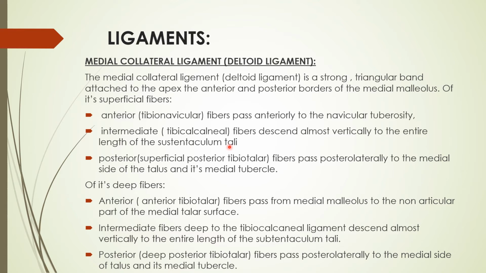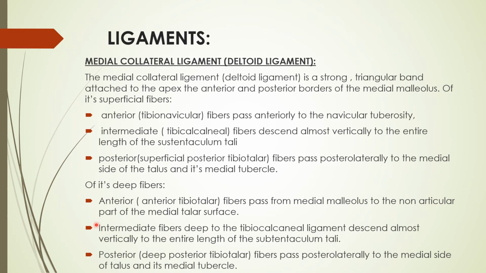The sustentaculum tali is a projection on the medial side of the calcaneus. The posterior superficial tibio-talar fibers pass posterolaterally from the posterior border of the tibia and medial malleolus to the medial side of the talus and its medial tubercle.